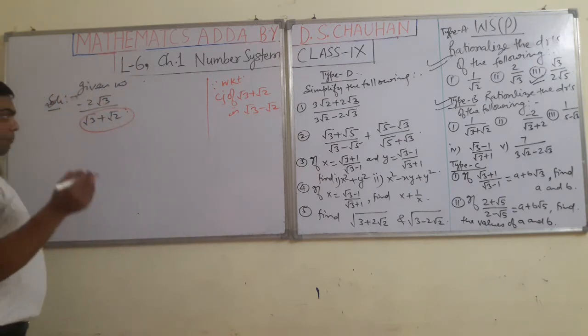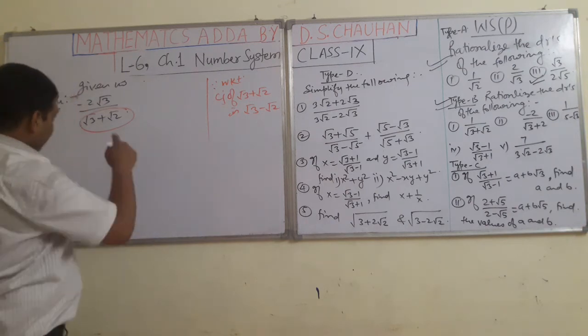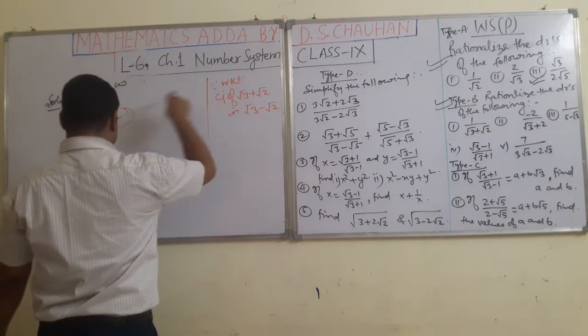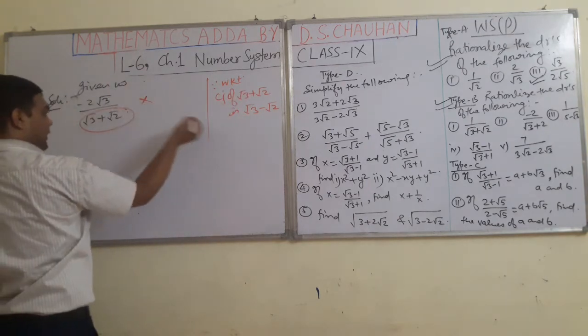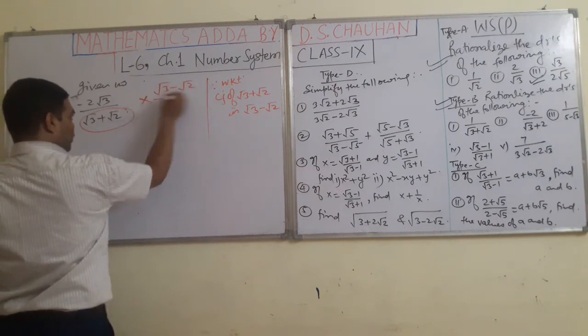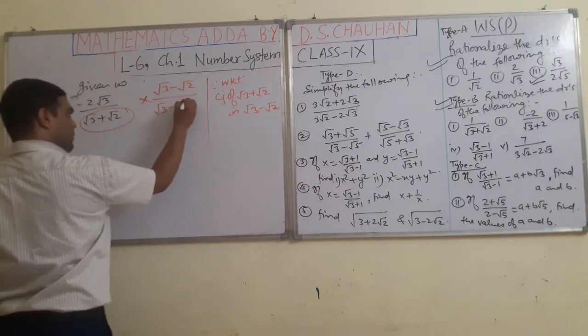So we will multiply numerator and denominator both by the conjugate of this denominator. On multiplying numerator and denominator both by root 3 minus root 2, we will get here.